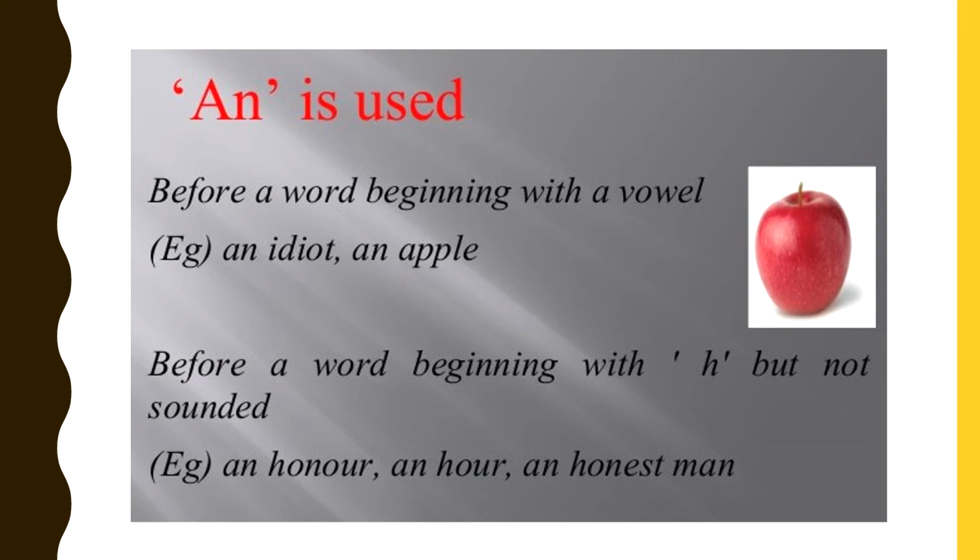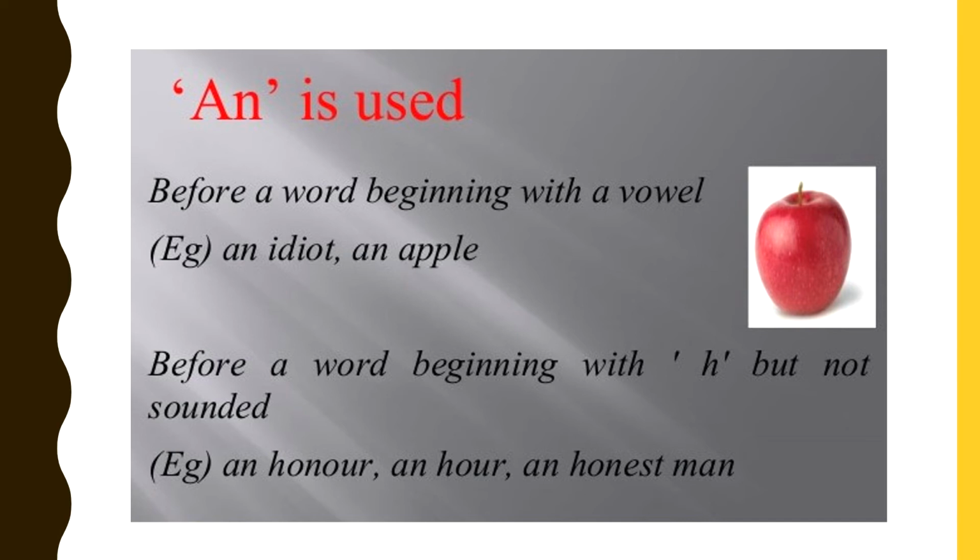Okay. Similarly, the next example, an hour. Again, the spelling is H-O-U-R. Here also the H is silent. So we have the vowel sound of this word as our. The next example is honest.